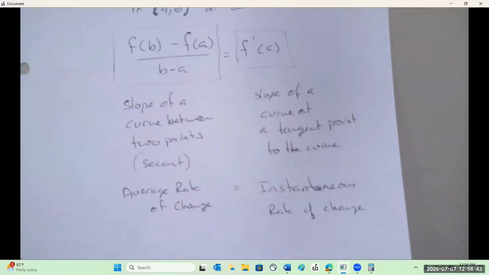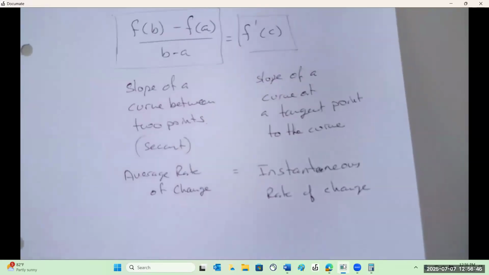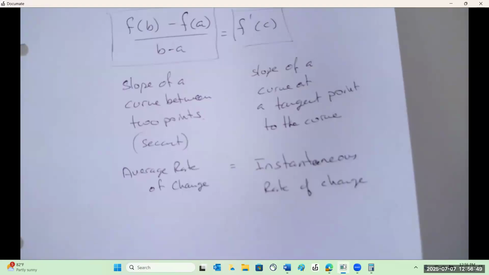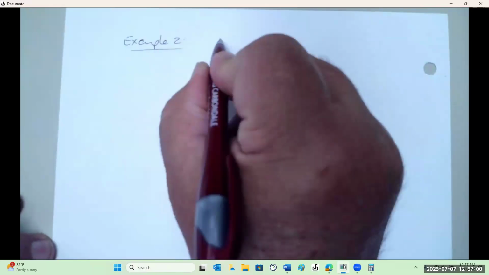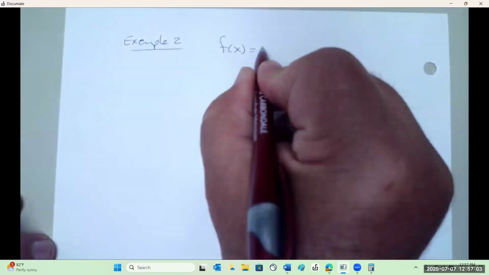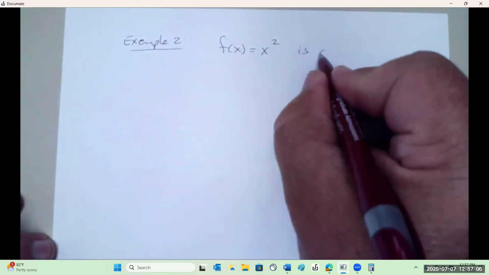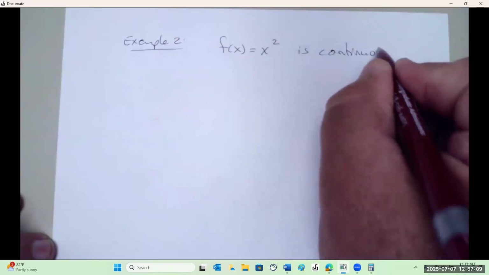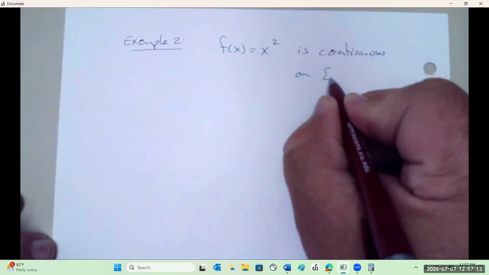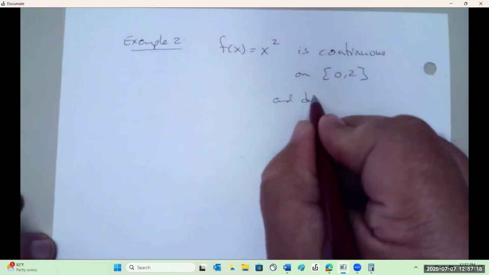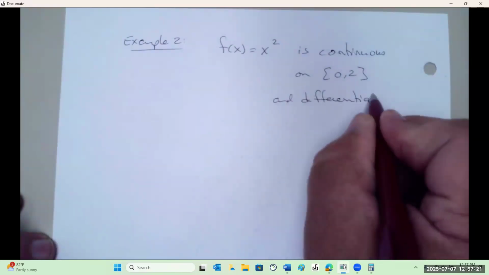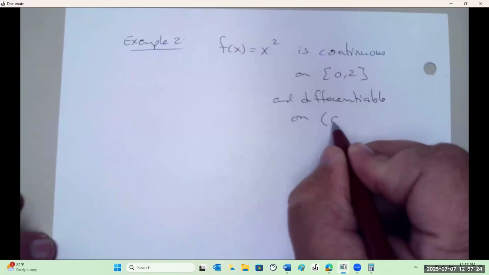So let's look at an example of how this stuff works. Example 2. The function f of x equals x squared is continuous on [0, 2] and differentiable on (0, 2).